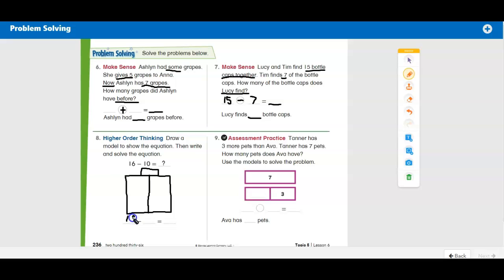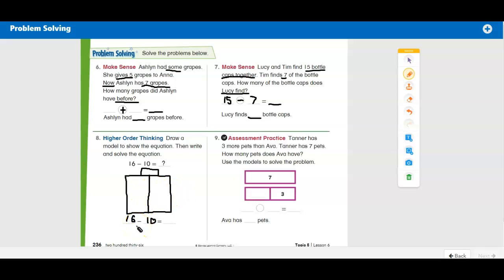We're solving for 16 minus 10. So in your model, where does your total go? At the top. Where do your parts go? In these sections.